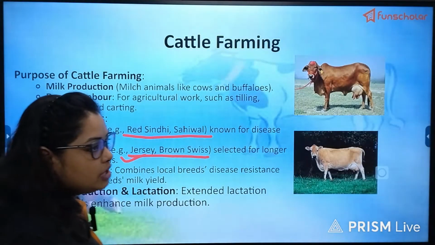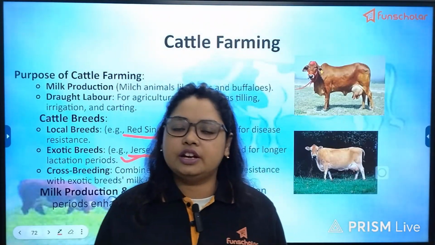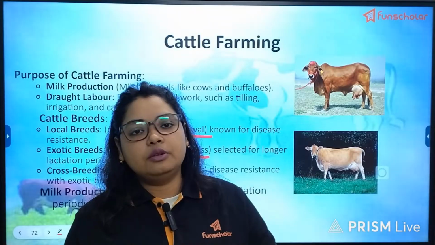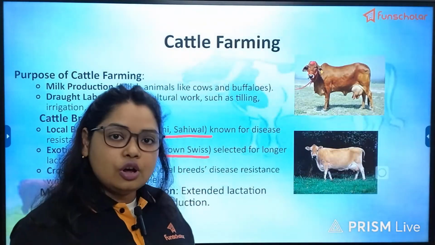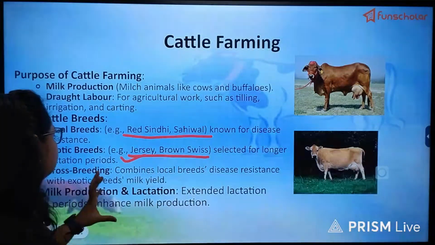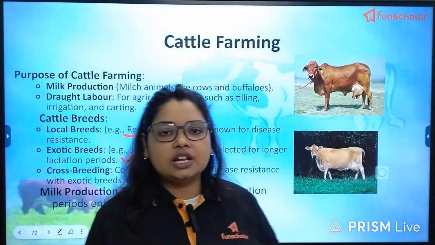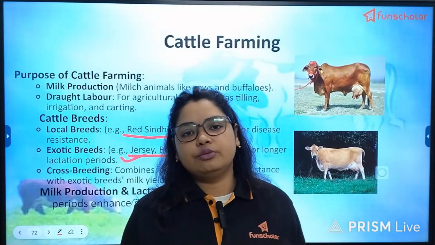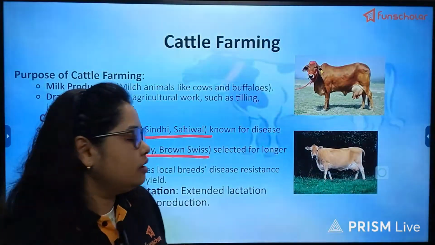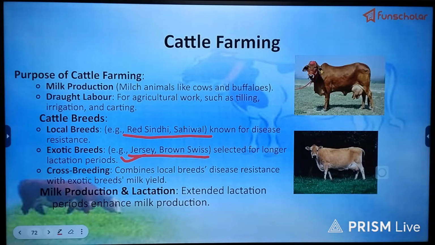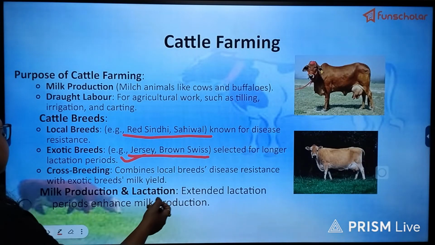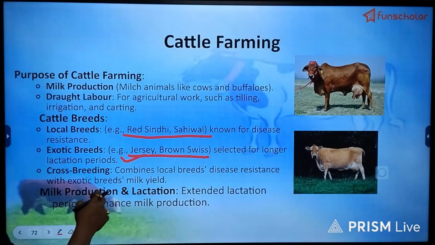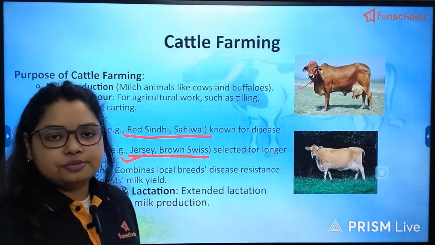That means the amount of milk produced throughout the lactation period from a single cow will be huge, and also that particular animal will be resistant to diseases. So our expenditure in curing the animals by giving medicines, if it is infested with diseases, that risk will be minimized. In crossbreeding, we combine local breeds' disease resistance with exotic breeds' milk yielding capacity, so that we get both of these features in the offspring.